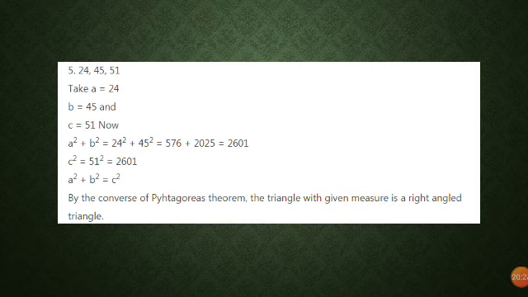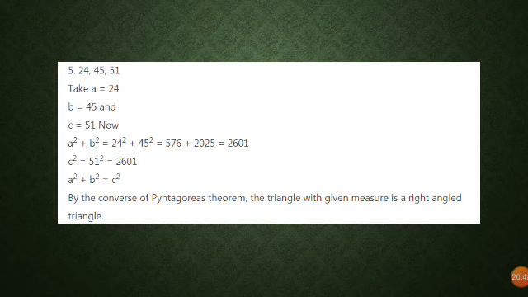24, 45, 51. A is equal to 24, B is equal to 45, C equal to 51. So A square plus B square equal to C square. A square value 24 square plus 45 square equal to C square. First we add A square plus B square. 24 square 576, 45 square 2025.